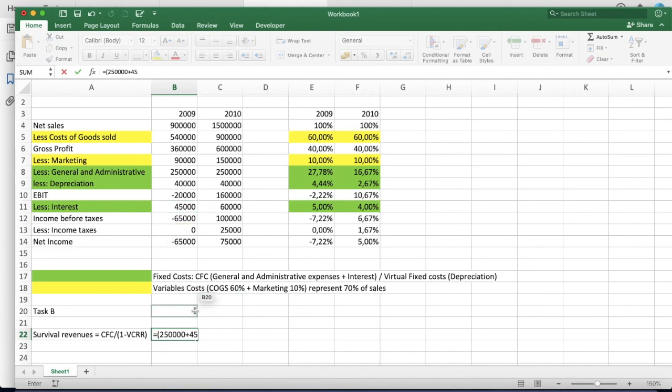So plus $45,000. These are the cash fixed costs, divided by 1 minus the variable costs revenue ratio, which is 70%.